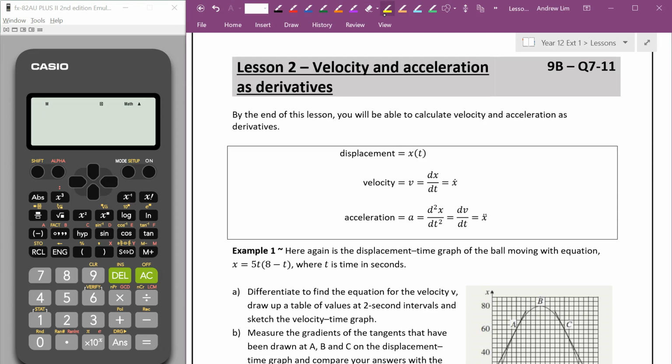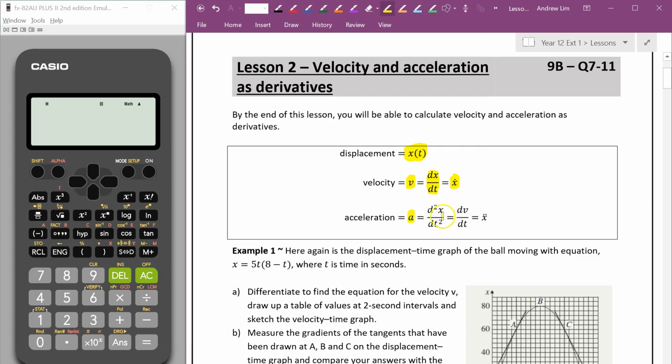So displacement is equal to x, or x in terms of t. Depending on how many seconds it is, where is it located. Velocity is v, which can also be denoted as dx/dt. So we're differentiating displacement with respect to time. It can also be written as x dot.